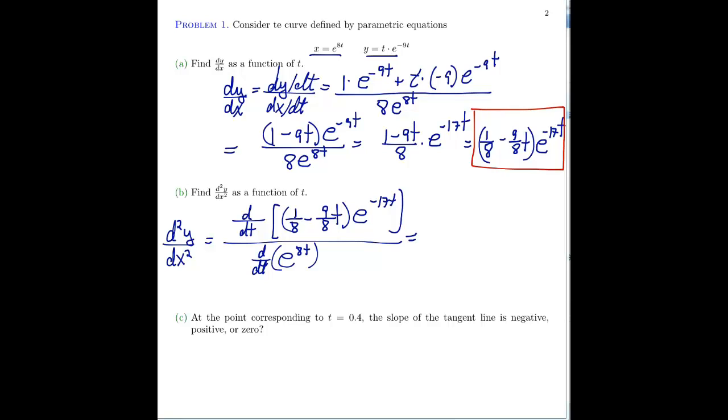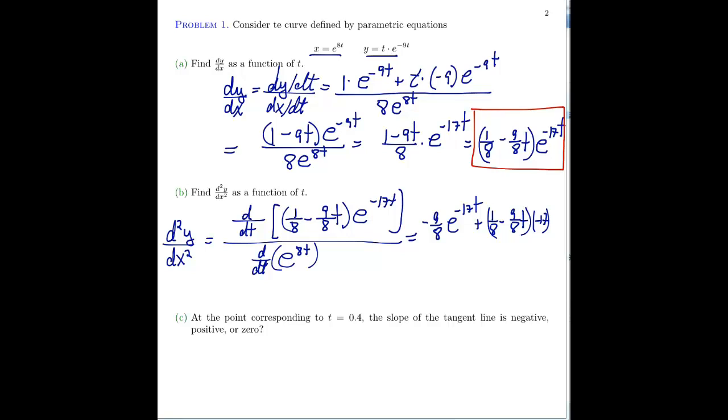So in the numerator, I again have a product, so I'm going to use the product rule. So I'm going to get minus 9/8 e to the minus 17t plus 1/8 minus 9/8 t times minus 17 e to the minus 17t.